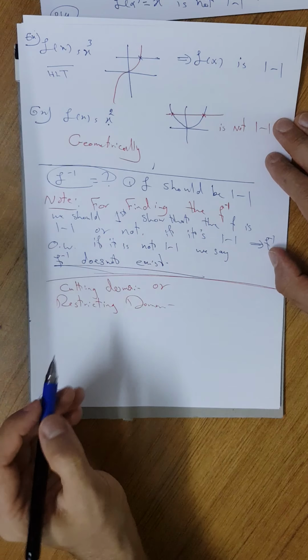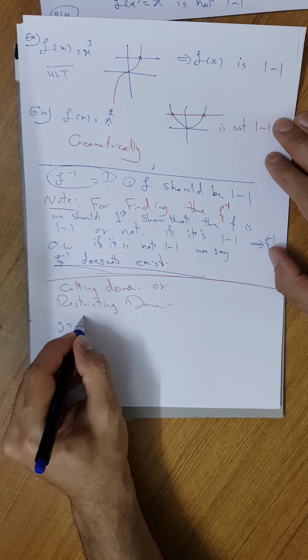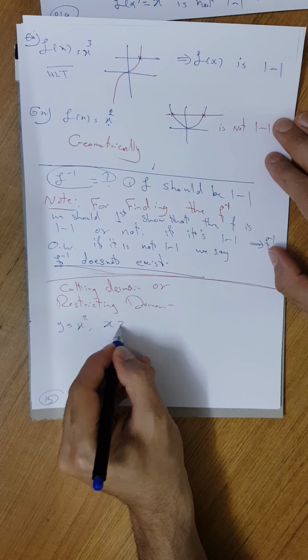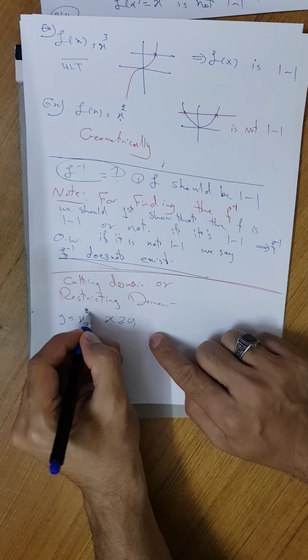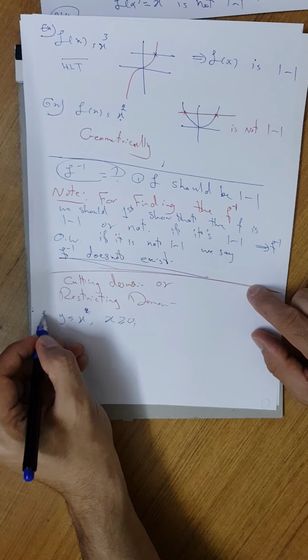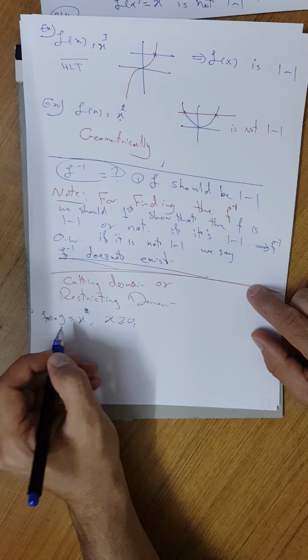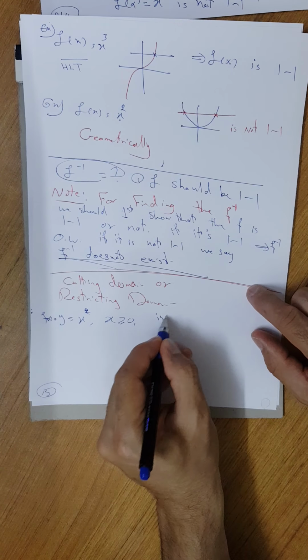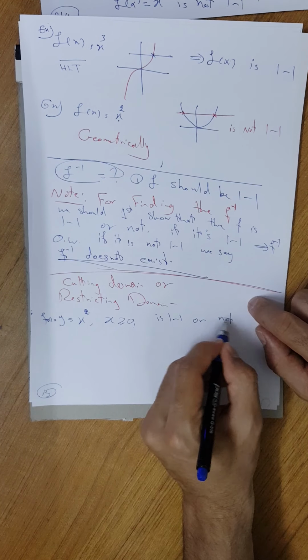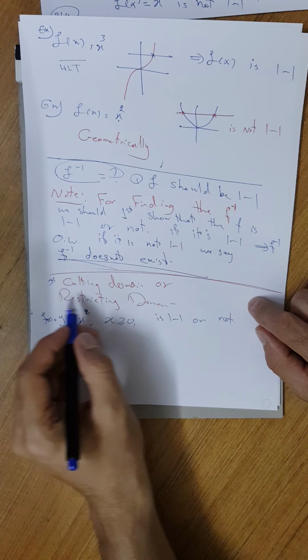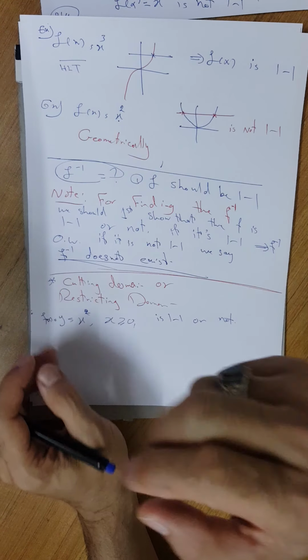What do you mean by this? For example, if I say y is equal to x squared, where x is greater than or equal to 0, is this function one-to-one or not? That's my new question. It depends on the cutting, or restricting, of the domain.